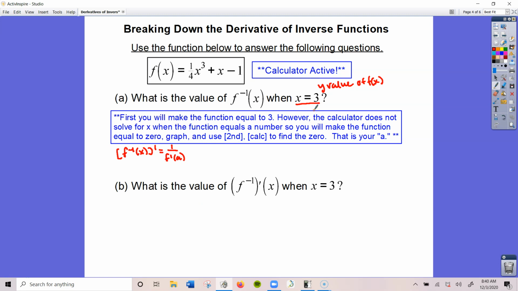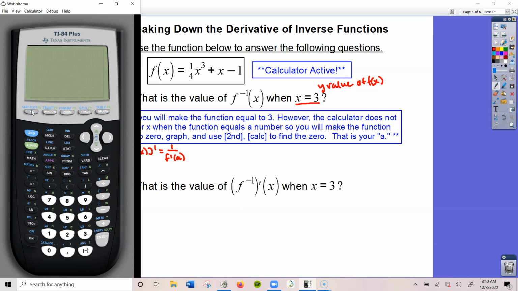So what I'm going to do now is I'm going to take my calculator and I am going to plug in this function. So 1 over 4, I'm going to put this in parentheses to indicate that it's just the one that's being divided by 4. X cubed plus x minus 1.